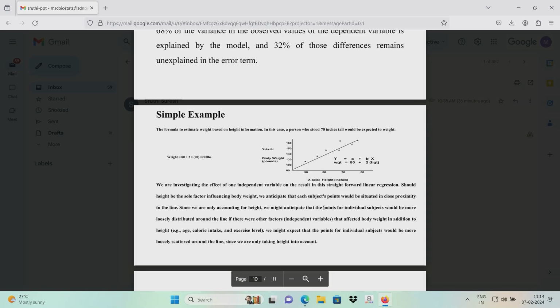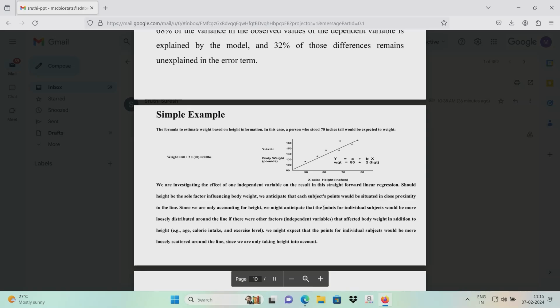You can also see this example as a graph where the x-axis is height, measured in inches, and the y-axis is body weight, measured in pounds. Weight is equal to 80 plus 2 into 70, which gives you a weight of 220 lbs.